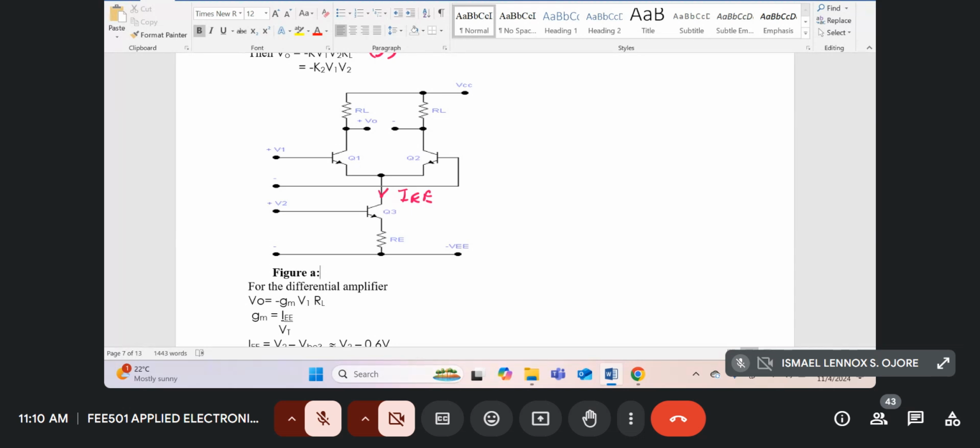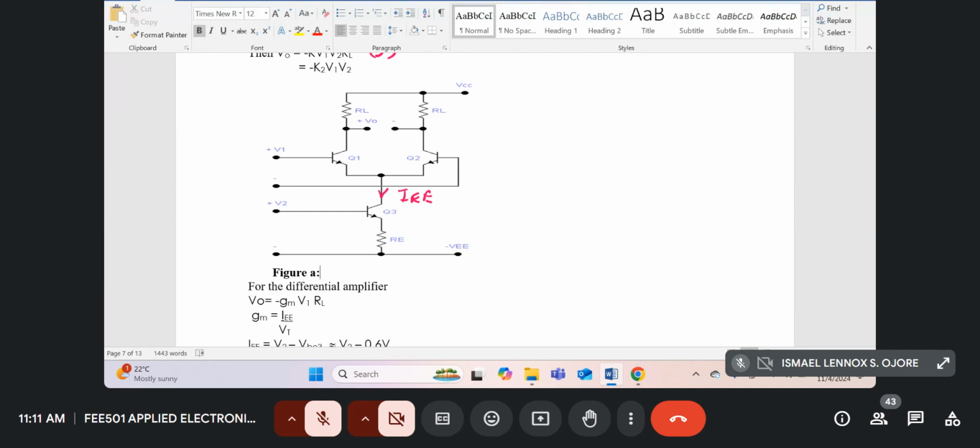Now, if you've been to the lab, this circuit is very difficult to measure the two inputs V1 and V2 and the output with the same scope, because the grounds are different.